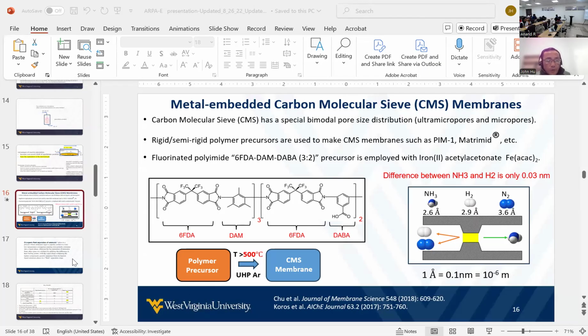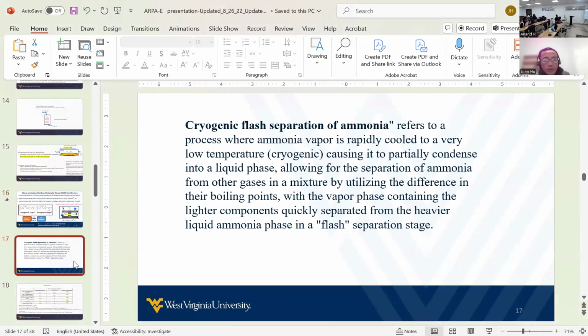So one more thing. There's another regeneration method called cryogenic flash separation. Let's read this. This is another low pressure separation. You have to chill the hydrogen, nitrogen, ammonia using cryogenic, but it's not high pressure. It's different from the Haber-Bosch cryogenic condenser.